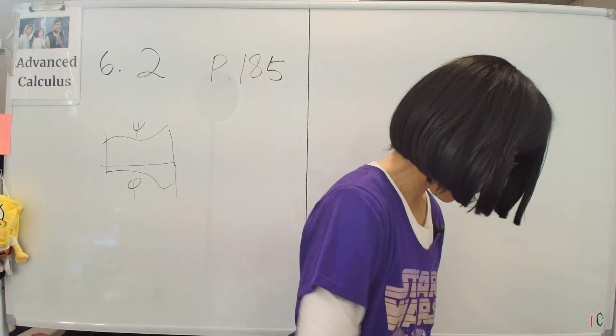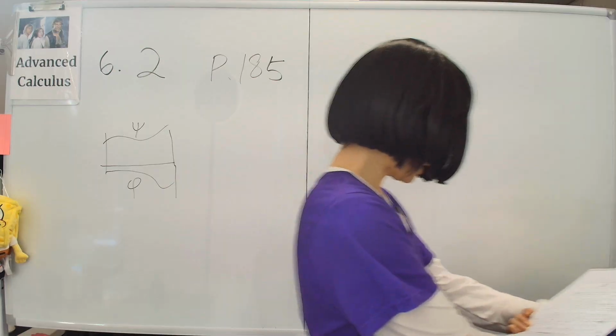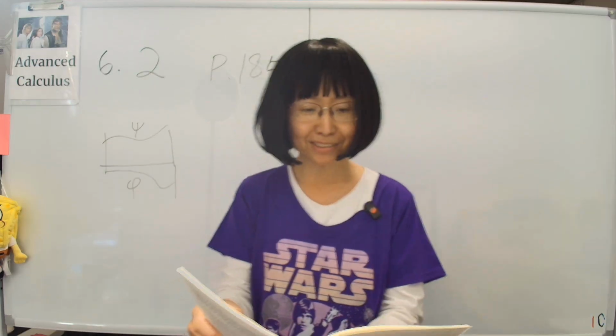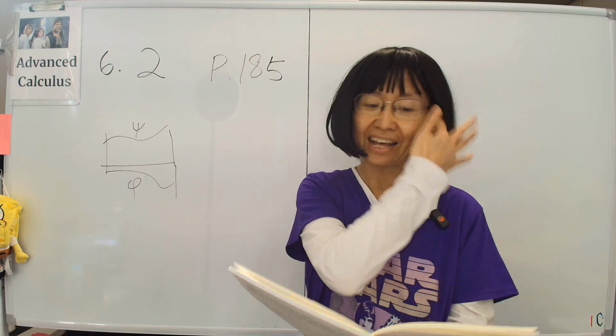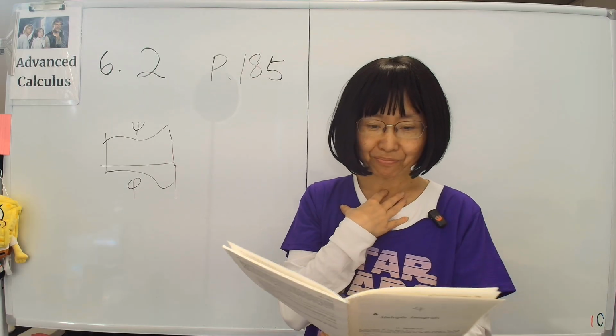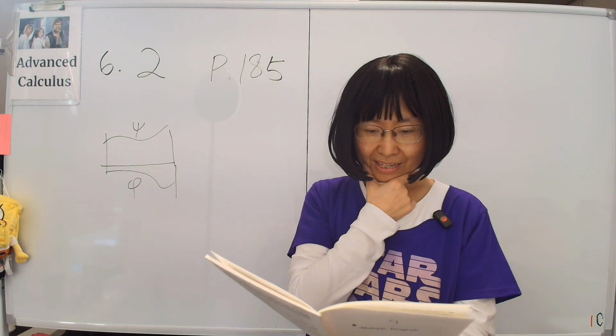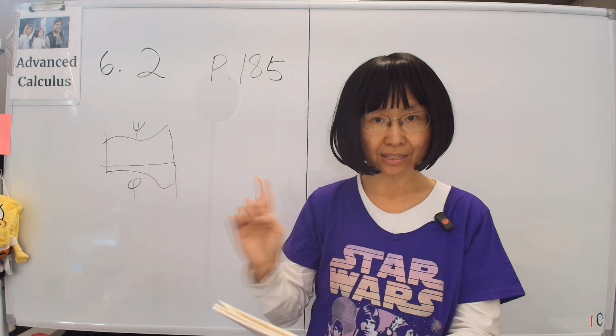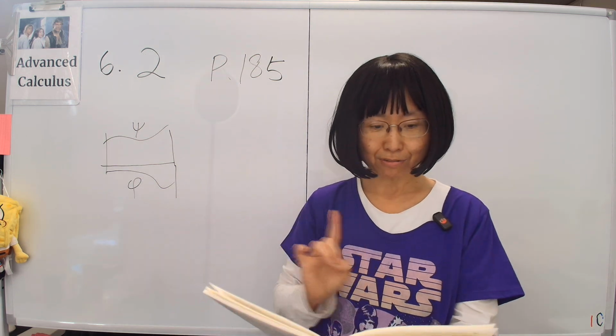So let's look at the next part. We're going to calculate the volume of some solid. We'll think about it this way. First, we start with a boundary C on the ground, on the XY plane.